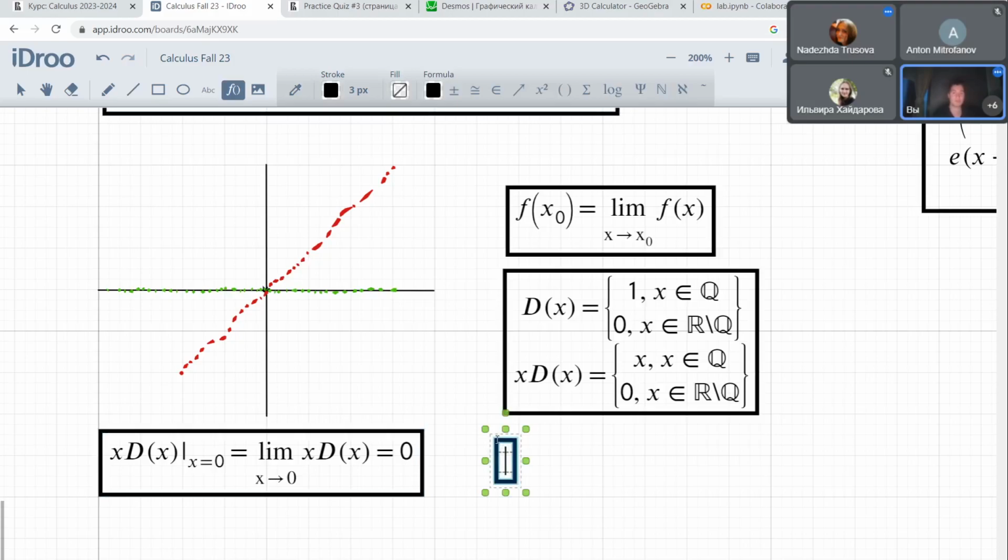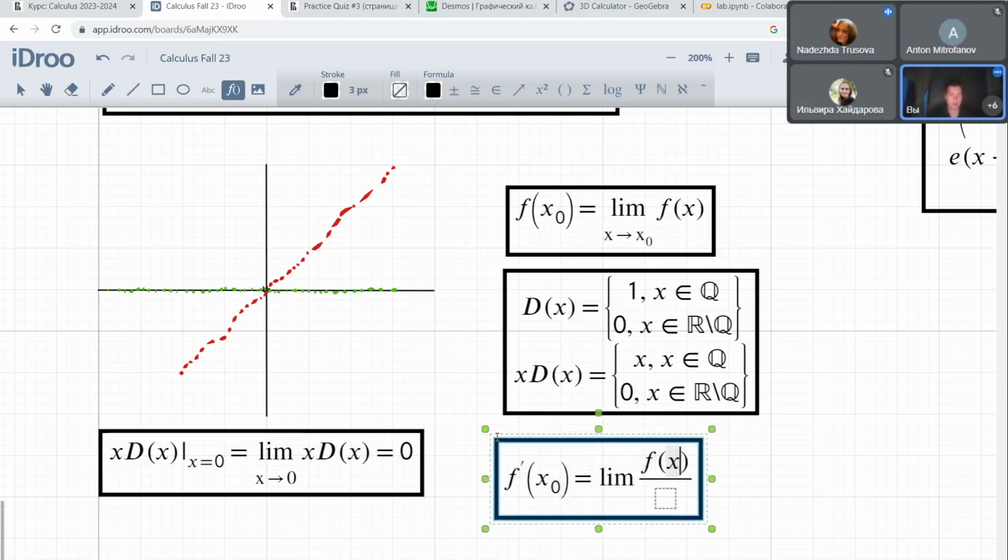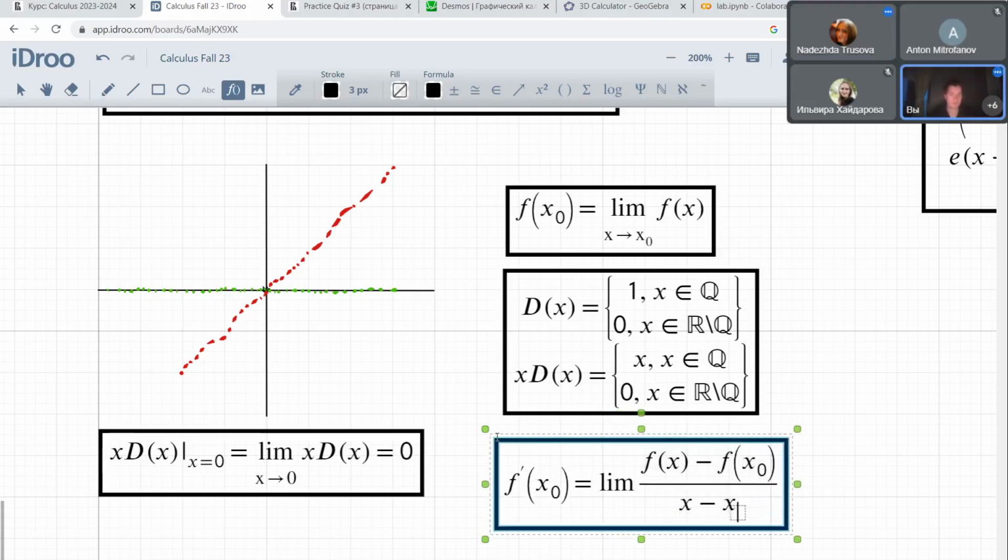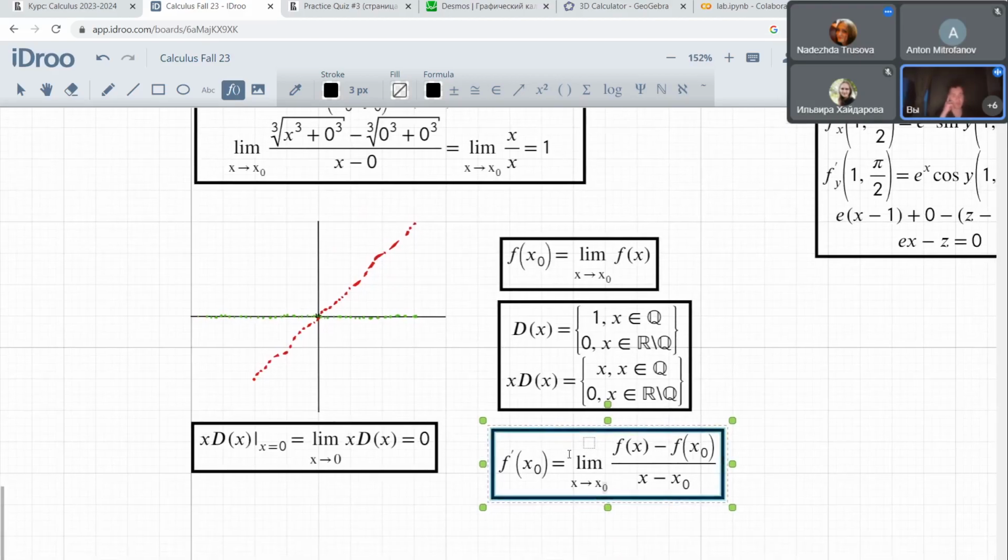We know the definition of differentiability: it equals this limit, as x tends to x0. You can easily compute that using rational and irrational points we'll get different values.